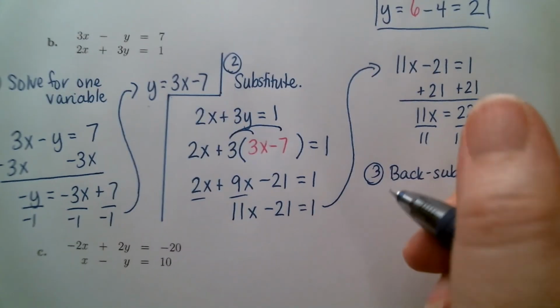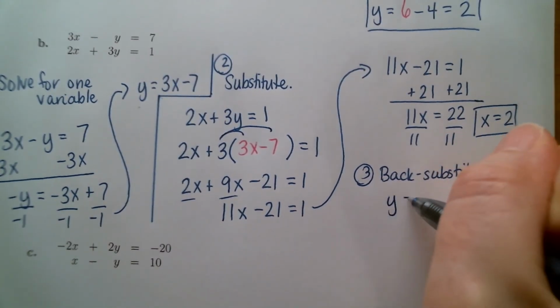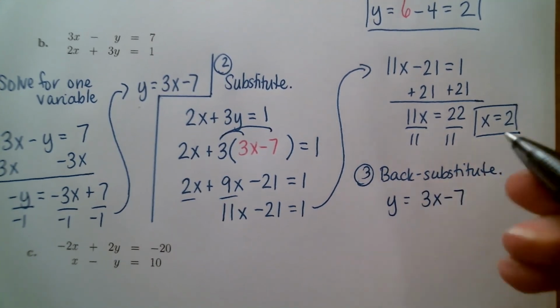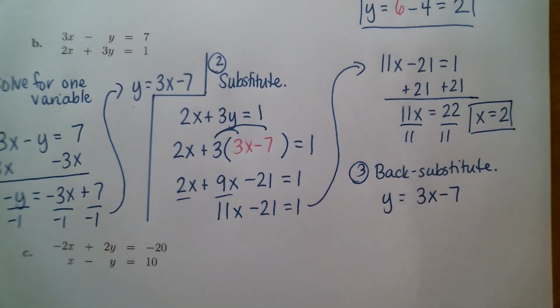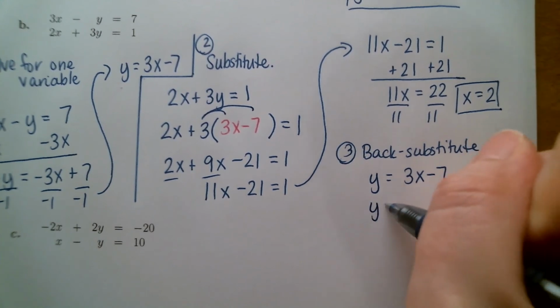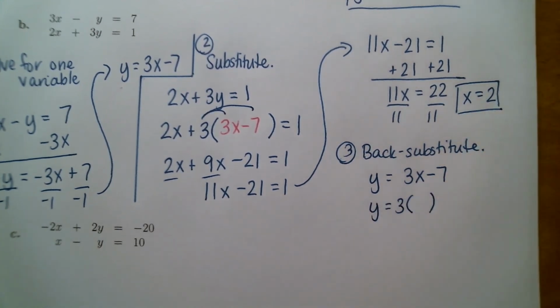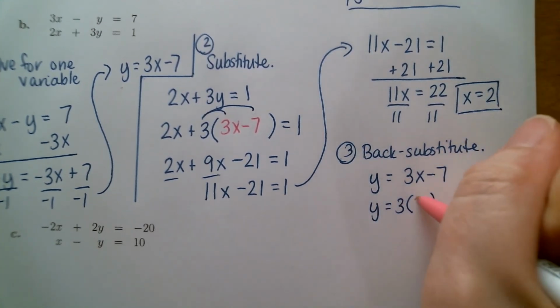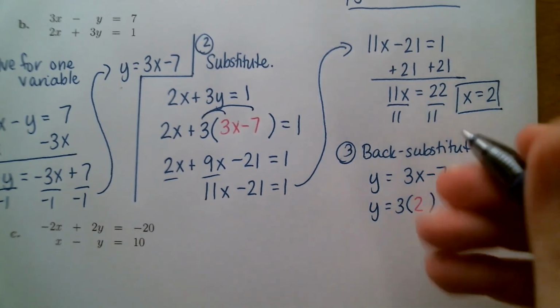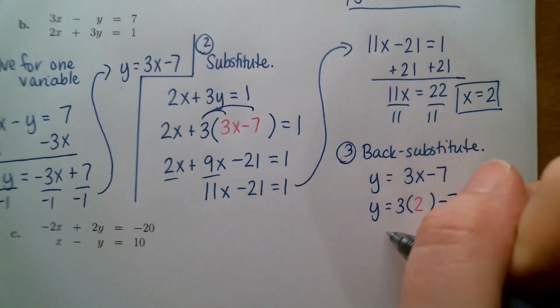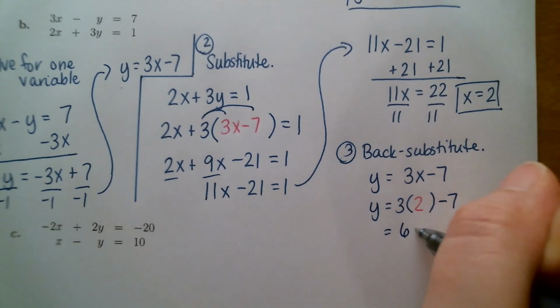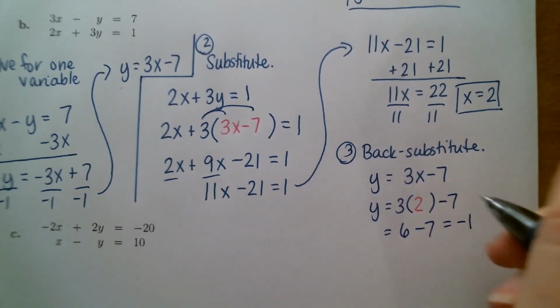So we know y is going to be 3x minus 7. Plug in the fact that x is 2. So we're going to get y equals 3 times 2 minus 7. That's going to tell us that y is 6 minus 7, which is negative 1.